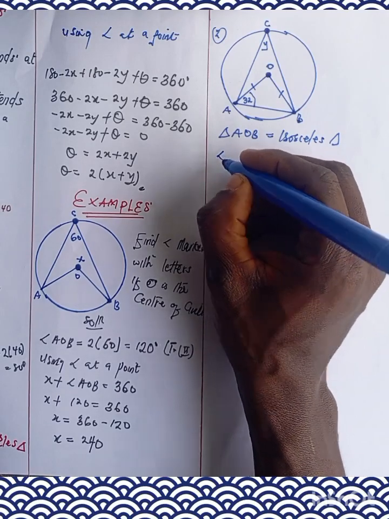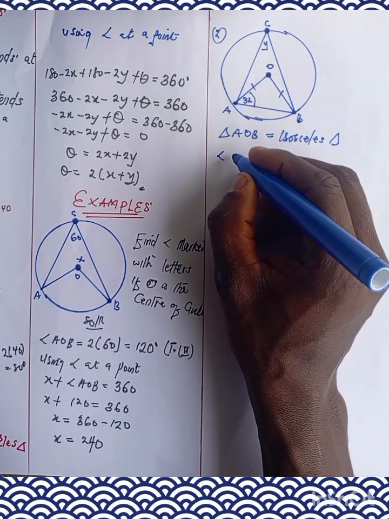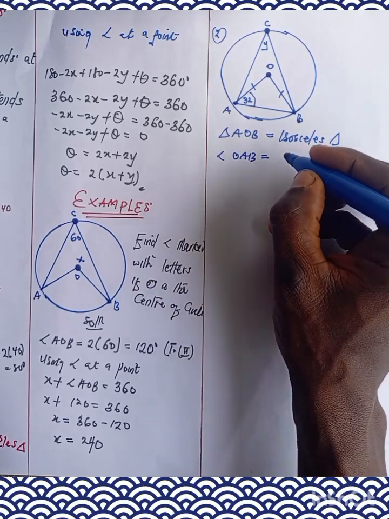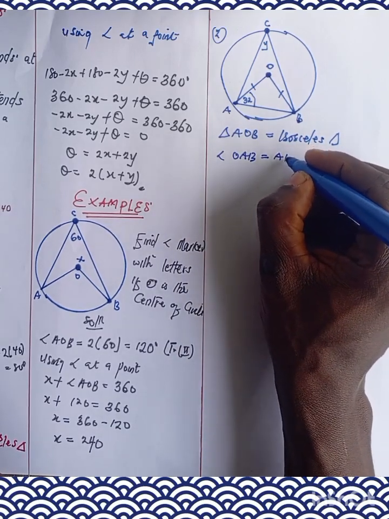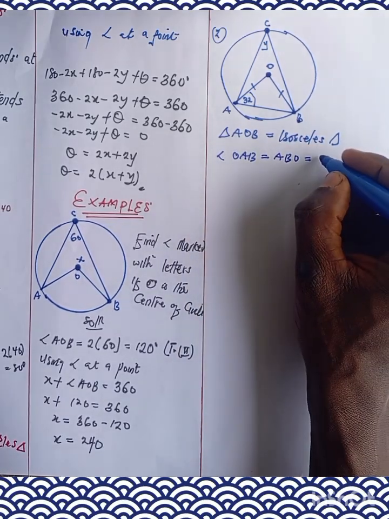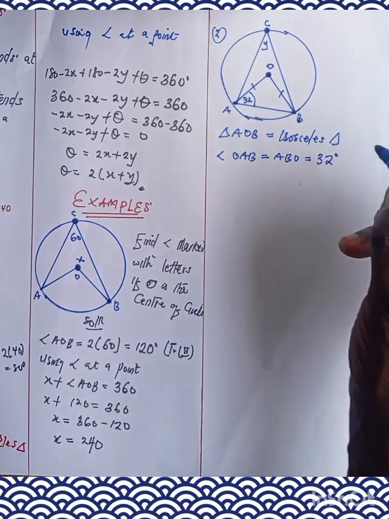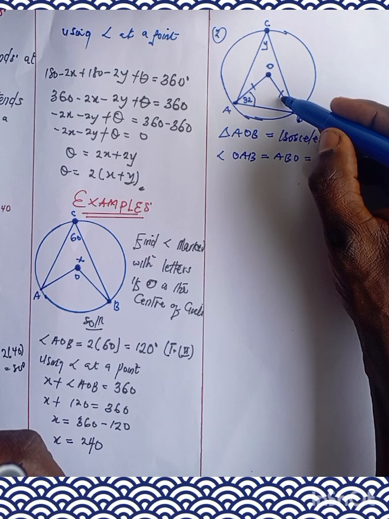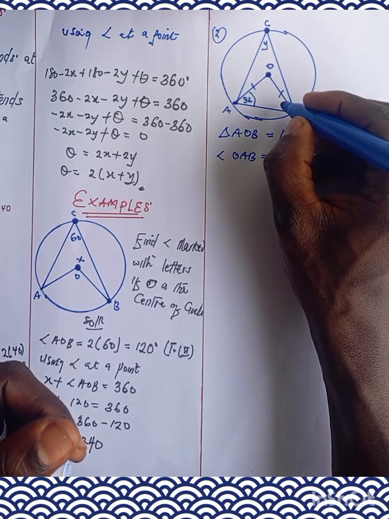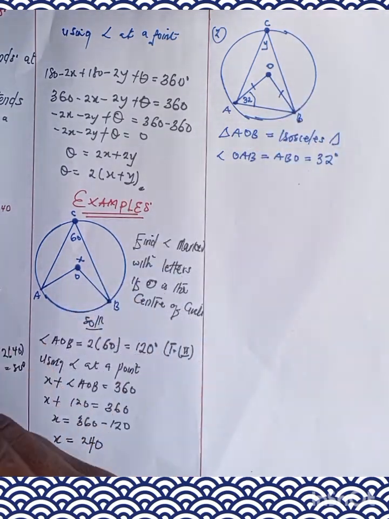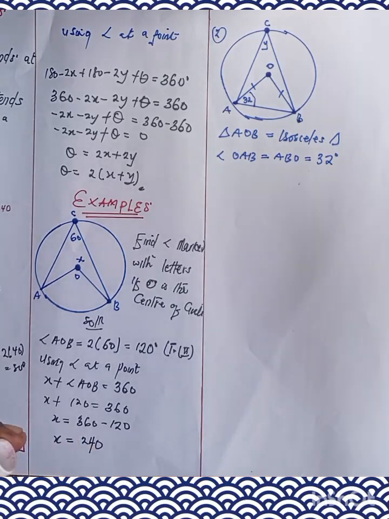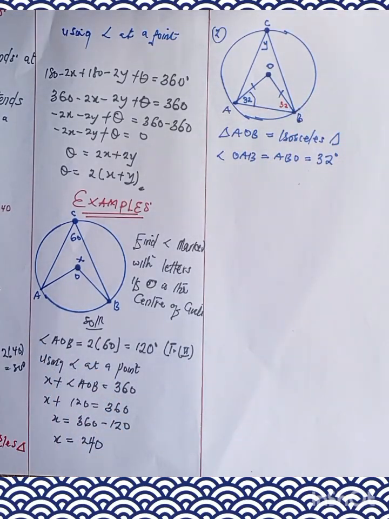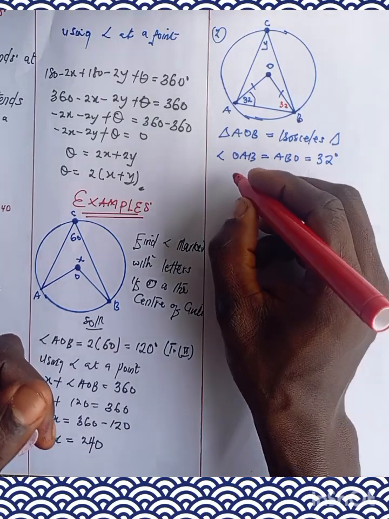Therefore, angle OAB is the same as angle ABO, which is equal to 32 degrees. Because it is an isosceles triangle, the base angles are equal. So this angle is also 32 degrees.